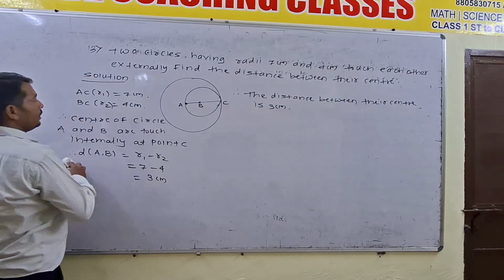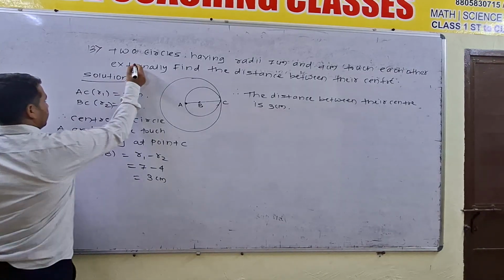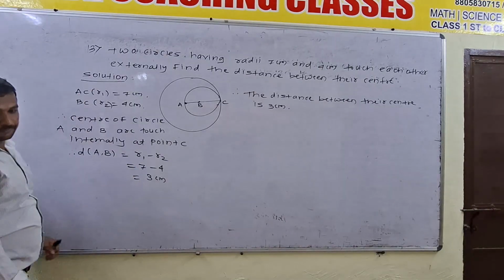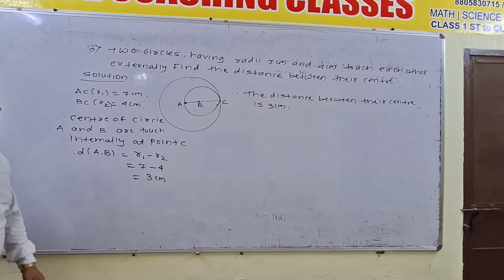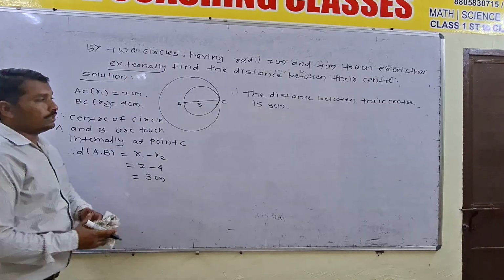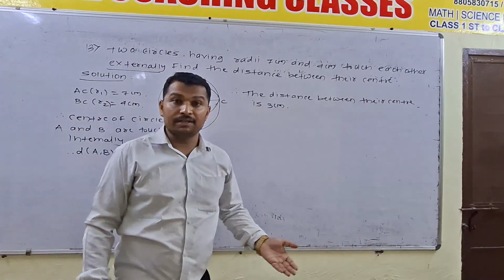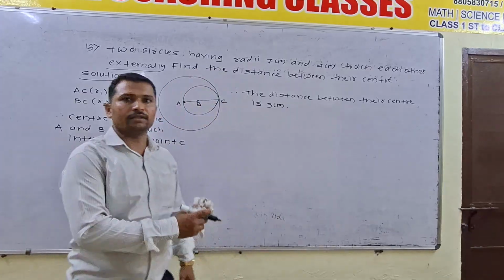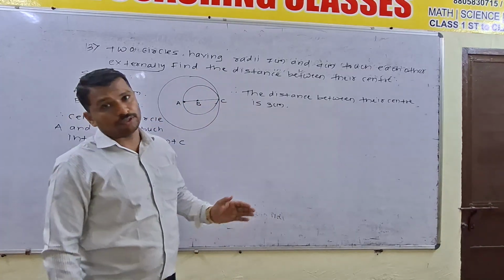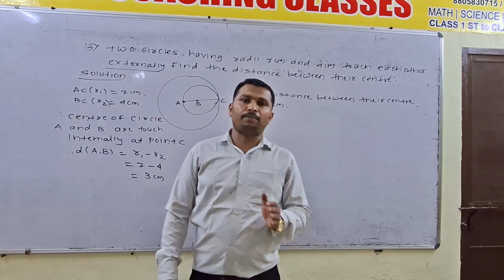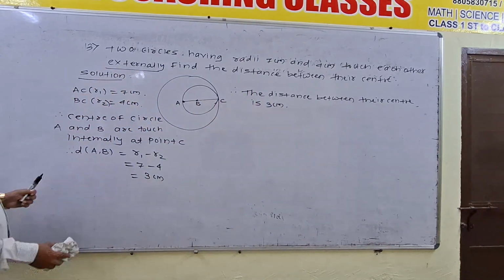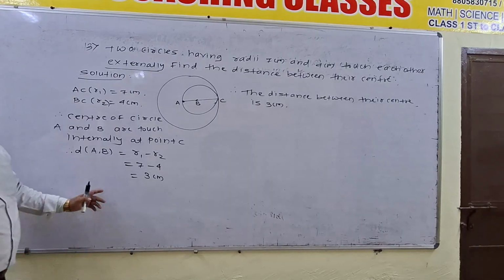The question is externally. Write down there, be fast. Only the words change. The previous question is internally, and in this question we use the word externally. Now look at the boards and then find out the answers. Each and every question, first read properly and then find out your answers. Are you done? Yes. Okay.